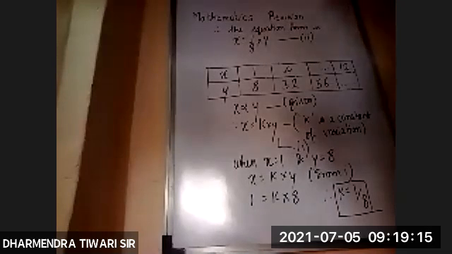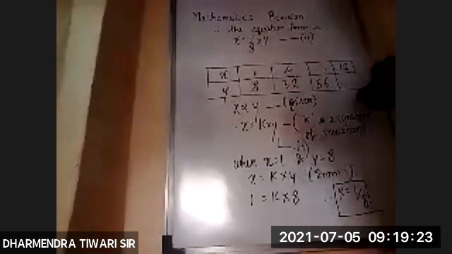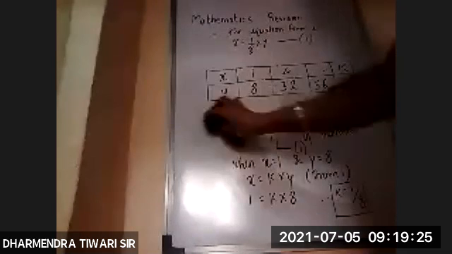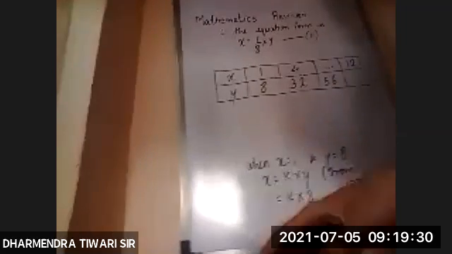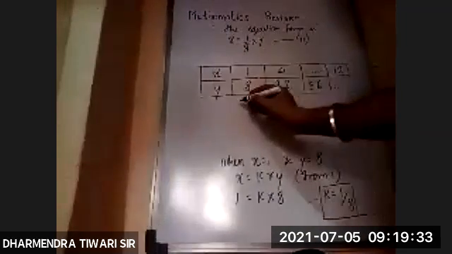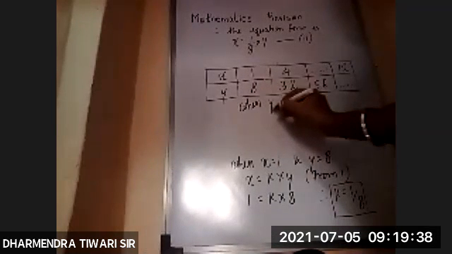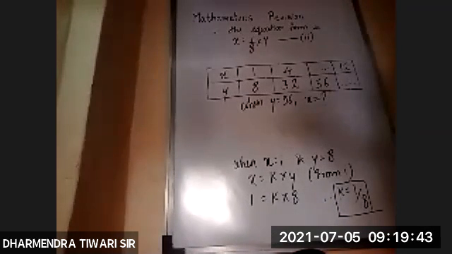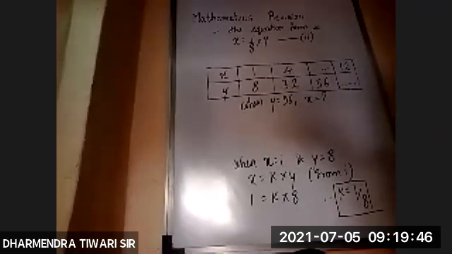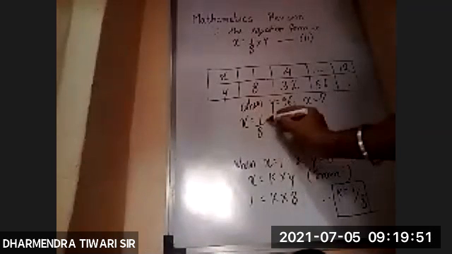Now you can see that we need to get the value of x when y is given. This table is required as we have to see the values. When y is equal to 56, what is the value of x? So from 2, x is equal to 1 by 8 into y.